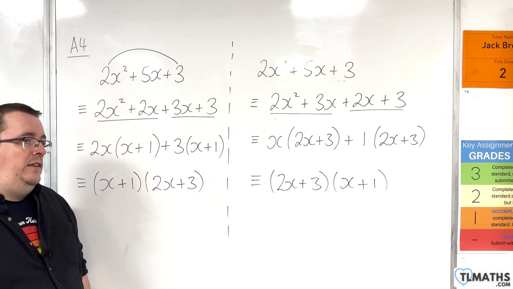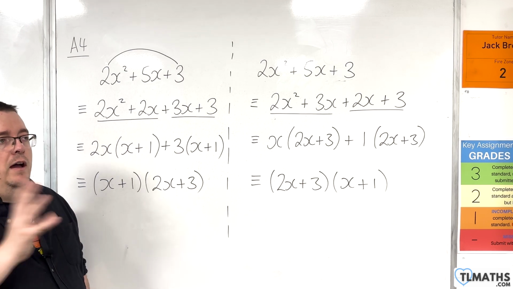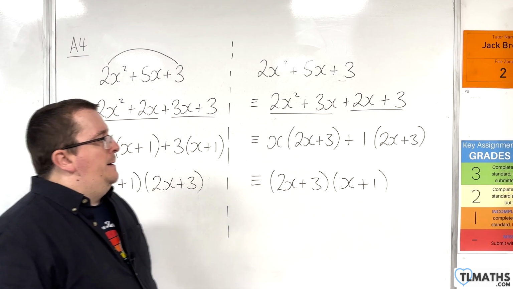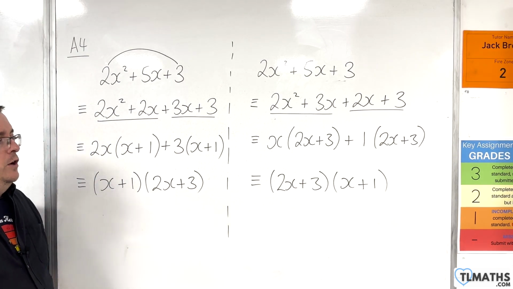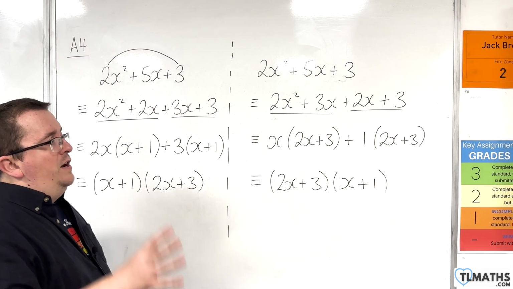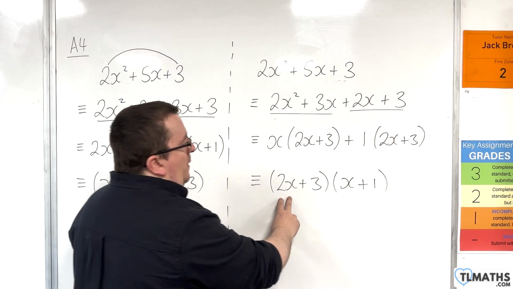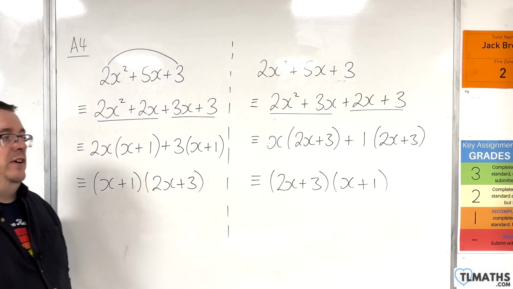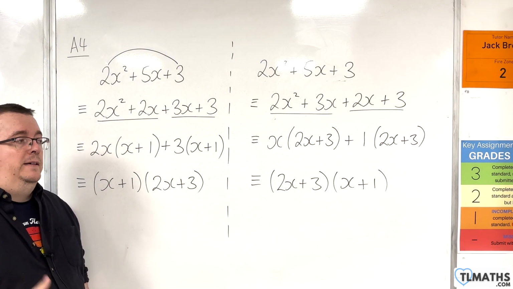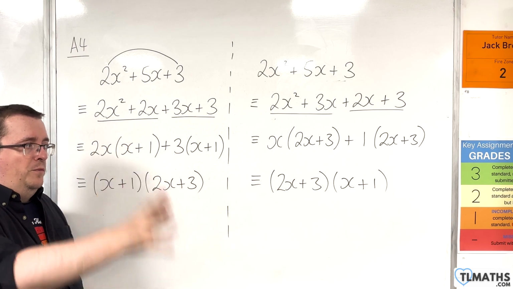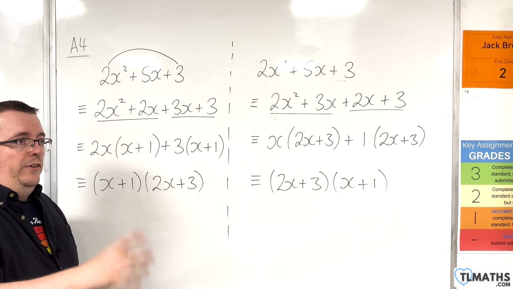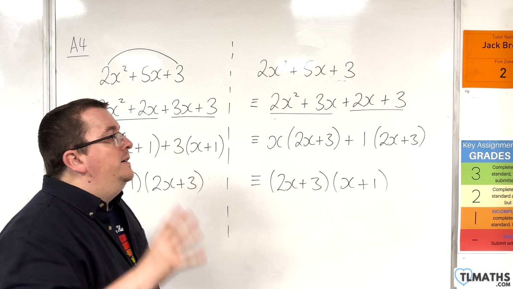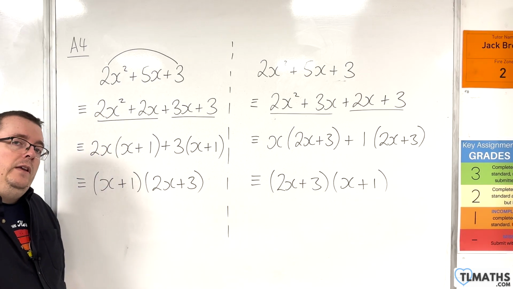Because it's very easy to miss a possibility. You can go through and start thinking, well, I know one bracket has to have the 2x, one bracket has to have the x. And some of these initial examples will be quite straightforward to do like that, and you start to think, well, it's got to be 3 and 1, so the 3's got to go there, the 1's got to go there. In some examples, that will be easy, okay?